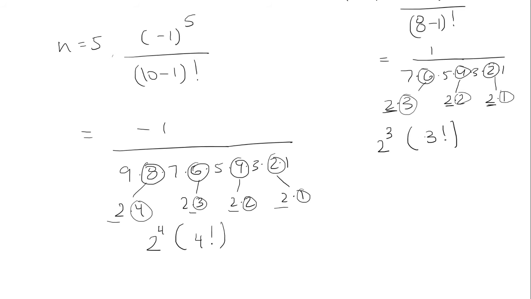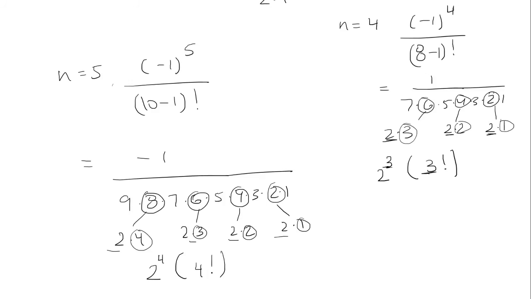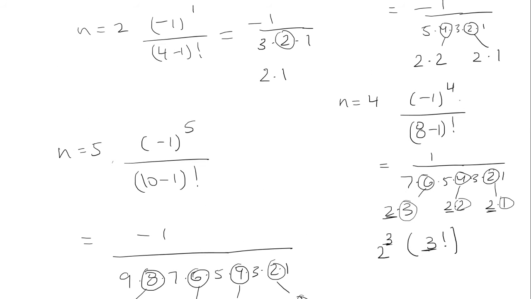And if we compare that to the previous answer we got, the exponent increased by 1, and the number before the factorial also increased by 1. So there seems to be a pattern. If we go back, this pattern is 2 squared times 2 factorial.